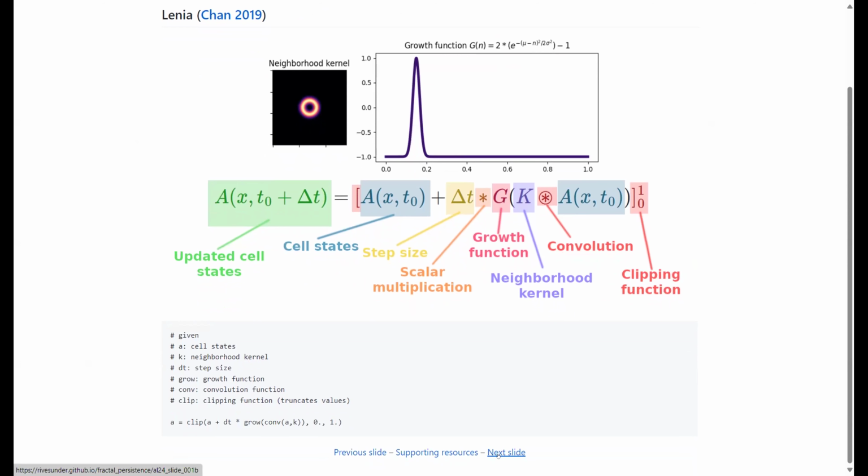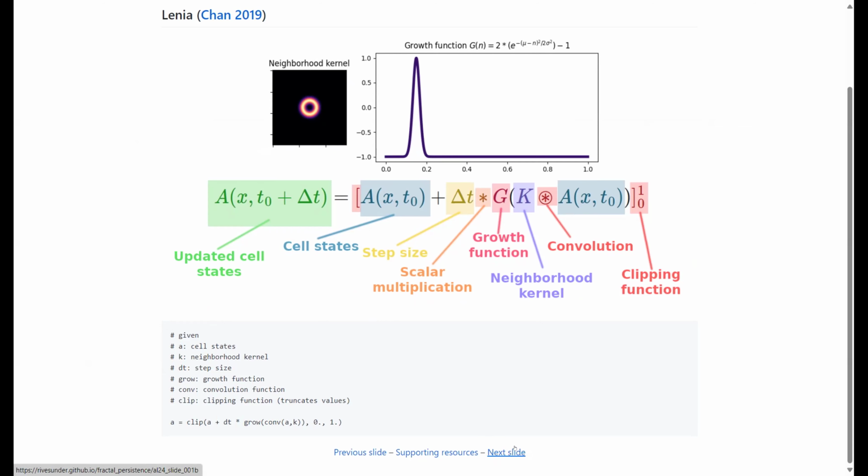And then the important part for today is that the next states of the grid will be constrained by these pink parts here. This is a clipping function to truncate the values of the next grid state between 0 and 1.